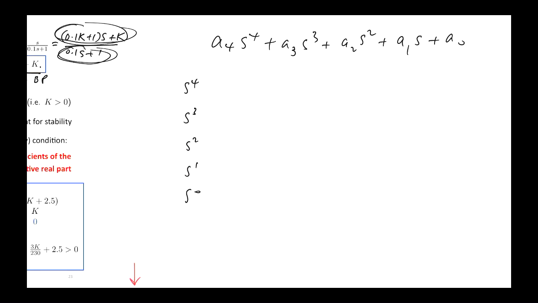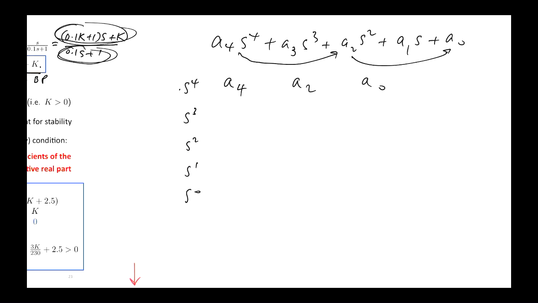Now, the first row is made out in this way. We grab the first coefficient, the coefficient of the label of the row, and then we skip one and go to the next one, and then we skip one and we go to A2, and then we skip one and we go A0.